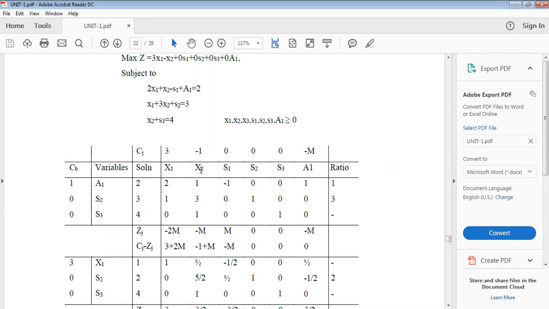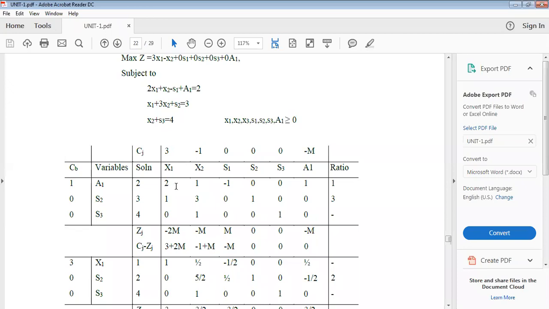And the columns are x1, x2, S1, S2, S3, A1. All these variables are to be clearly marked across the entire table. Only A1 will play a major role. And the right-hand sides 2, 3, 4 are to be marked here.